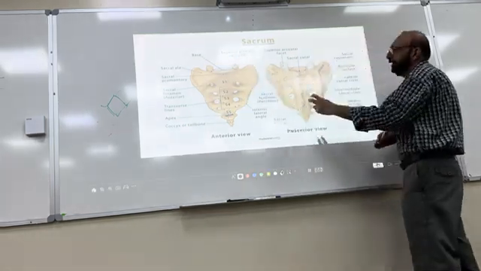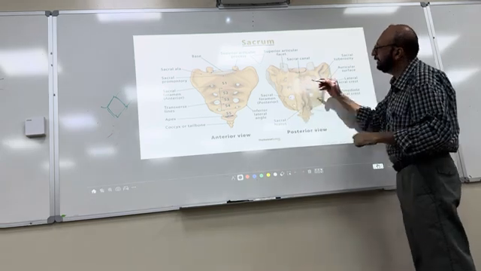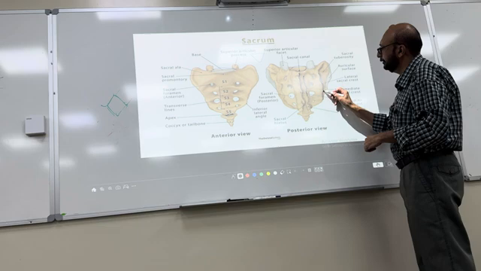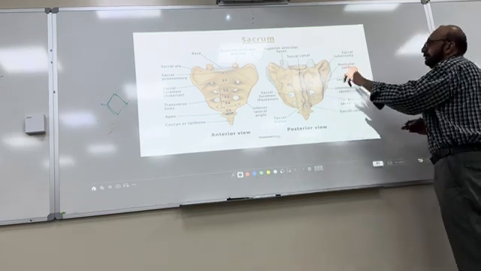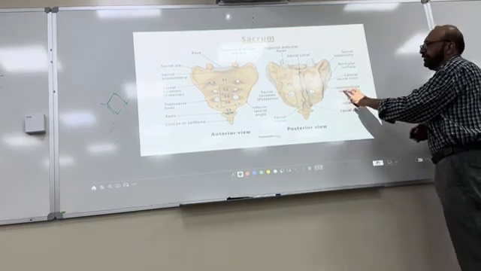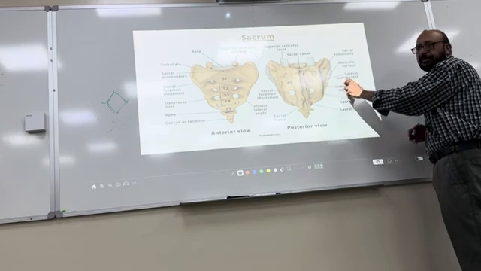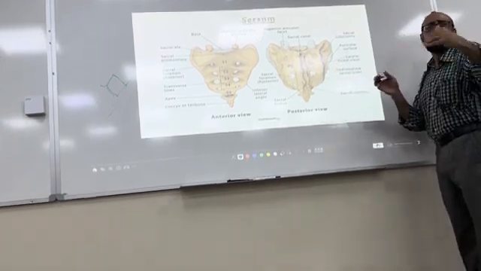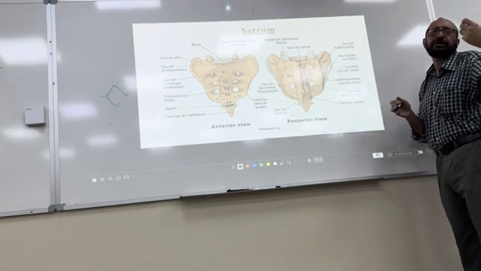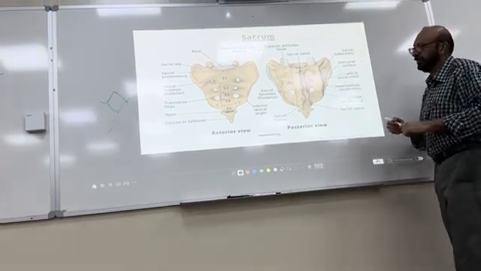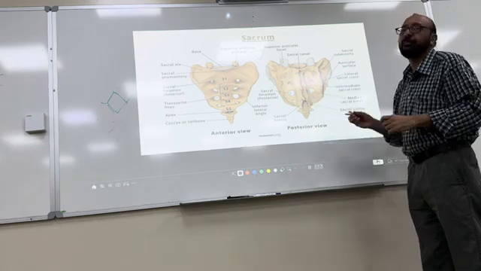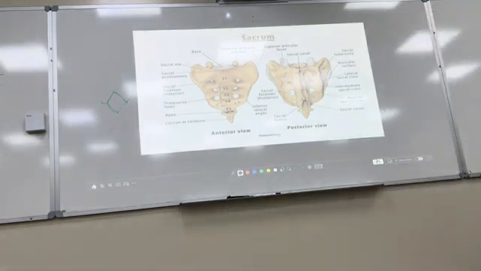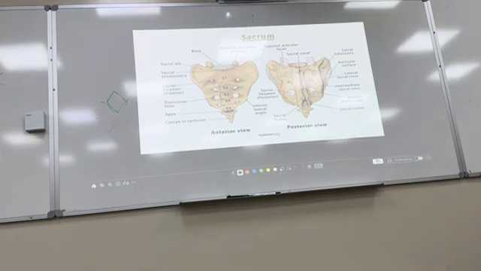On the back, we have a median line, an intermediate and a lateral line, known as the median sacral crest, intermediate sacral crest, and lateral sacral crest. These bony features are variable. I have selected one real bone for you in the lab. We will see the features. Here we have the sacral hiatus. Hiatus means opening.